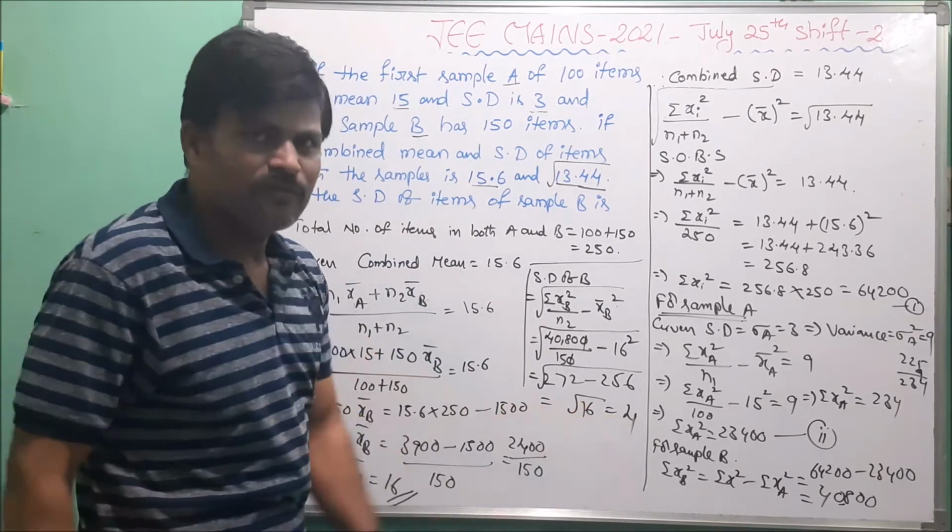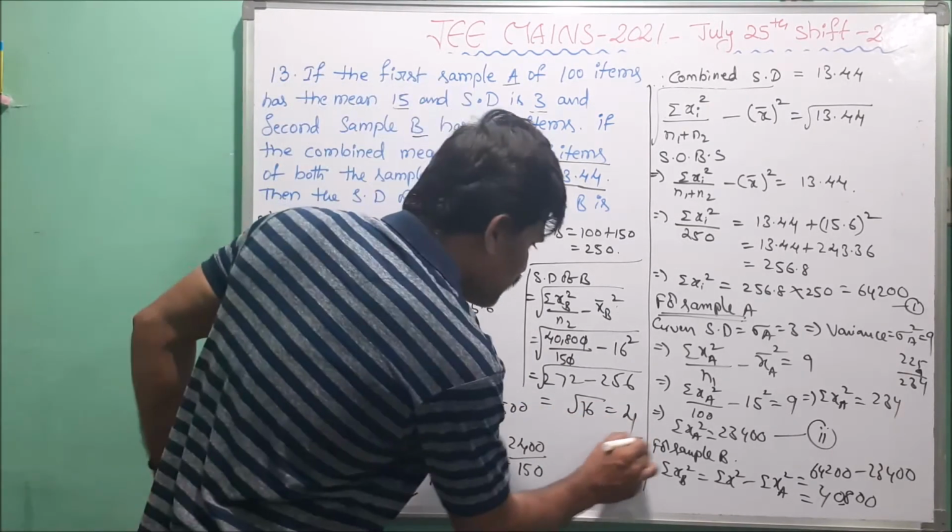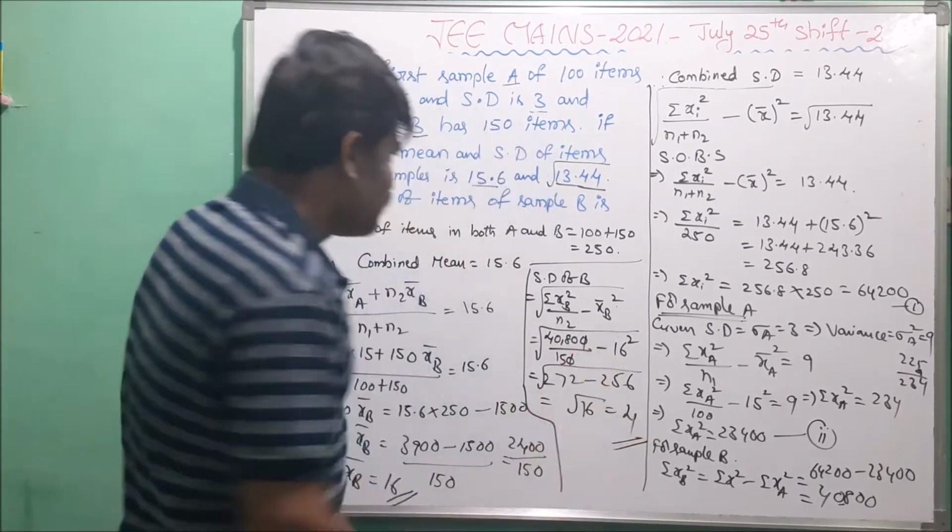The square root of 16 is 4. So this is the standard deviation of sample B.